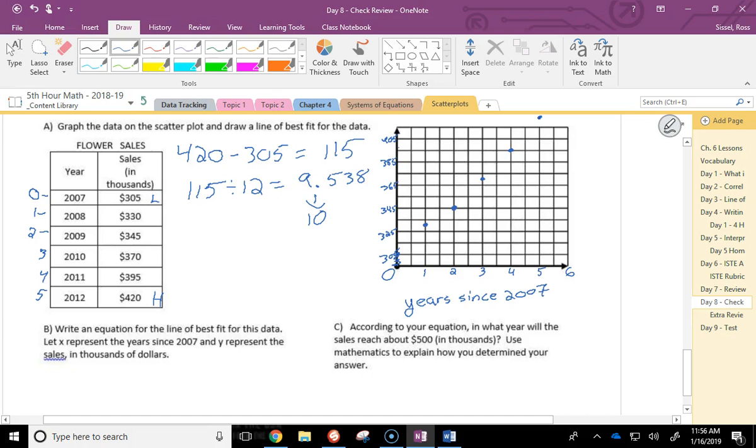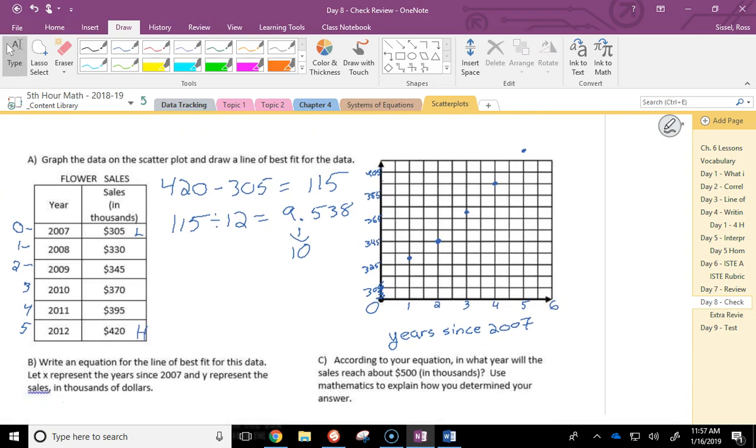Okay, the next big thing we have to do. Ooh, there's 2 things I forgot to do. I'd lose half points on each one. What did I forget to do? You forgot to title and label. So this is sales in thousands, right?